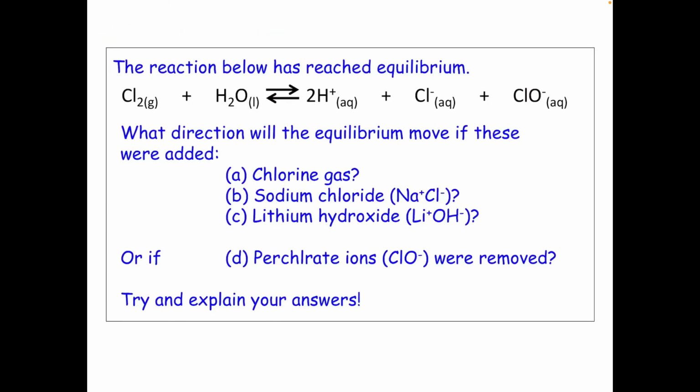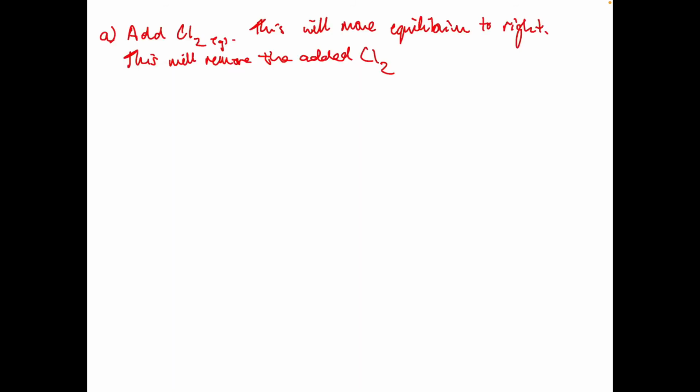If you add sodium chloride, what you're going to do is increase the chloride ion concentration. That means that it's going to move towards the left to take away those extra chloride ions.